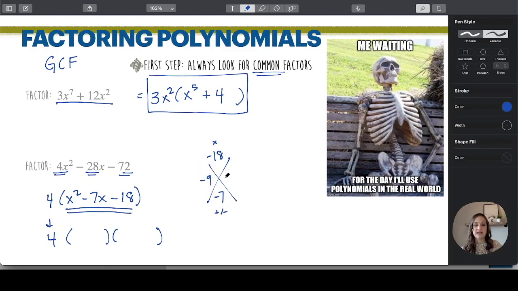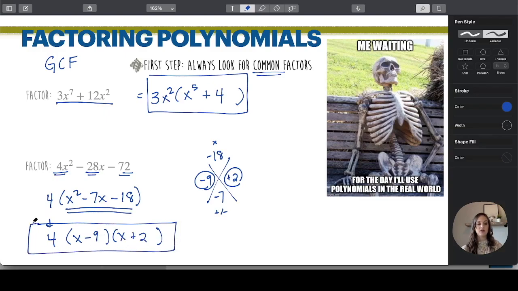And the answer is going to be a negative 9 and a positive 2. Because negative 9 plus 2 give me a negative 7, and they multiply to give me negative 18. So x minus 9 and then x plus 2. And this would be my finished, completed factoring of this polynomial.